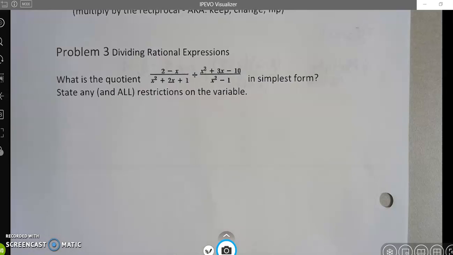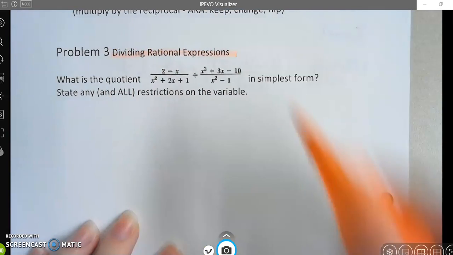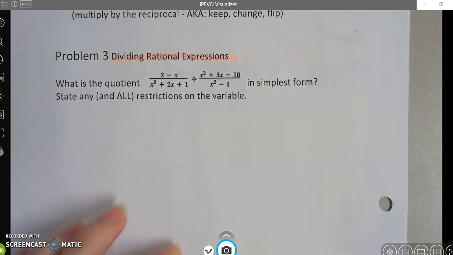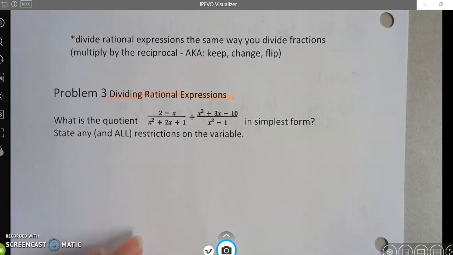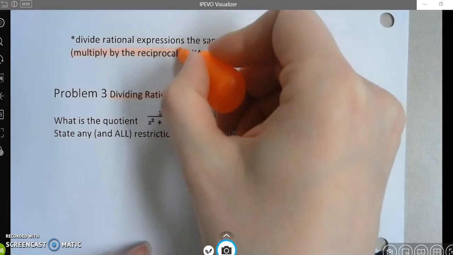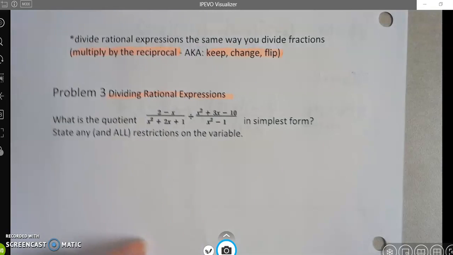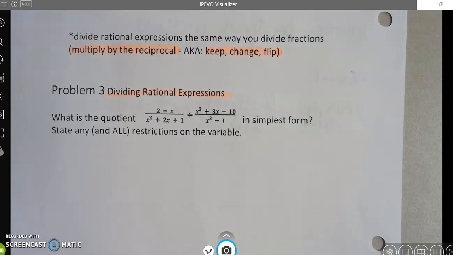Now that you have finished your multiplying example, let's look at our next problem, which is dividing rational expressions. If you remember how to divide fractions, you divide them by multiplying by the reciprocal. Sometimes we call it keep, change, flip. And then we will change our problem to multiplication and do it exactly how we did the previous examples.